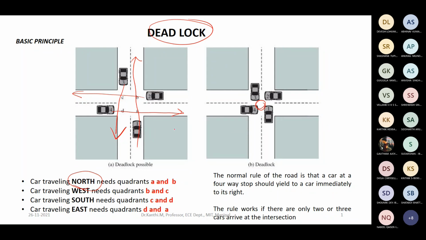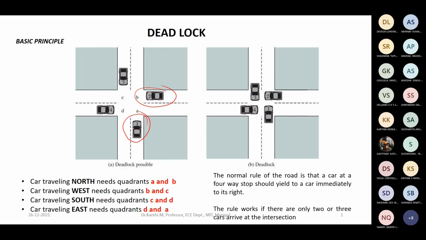The normal rule is that a car at a four-way stop should yield to a car immediately to its right. This can possibly work if only 2 or 3 cars arrive at the junction. For example, suppose we have only 2 cars, number 2 and number 1.